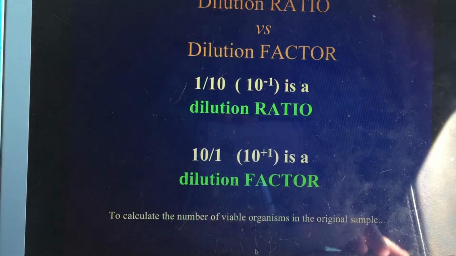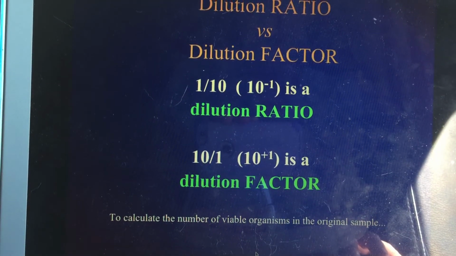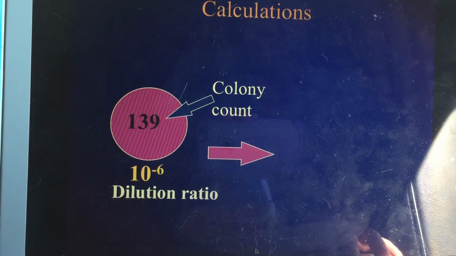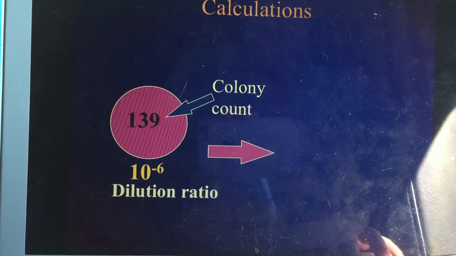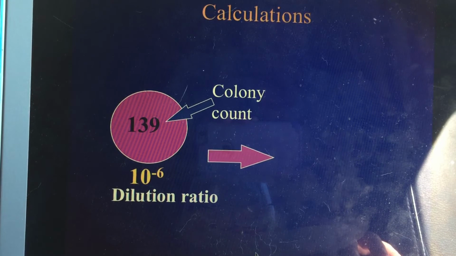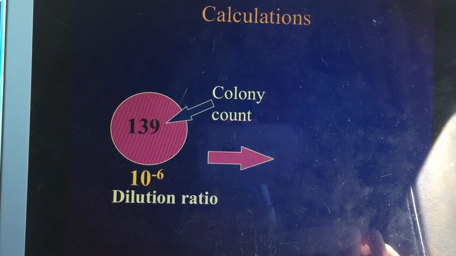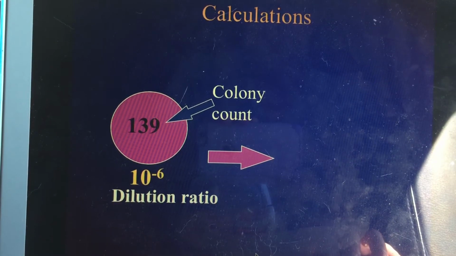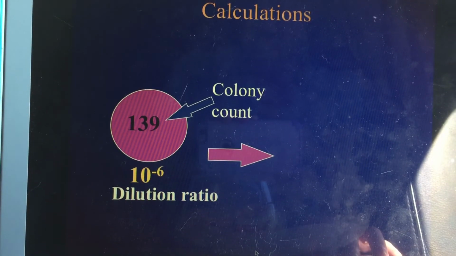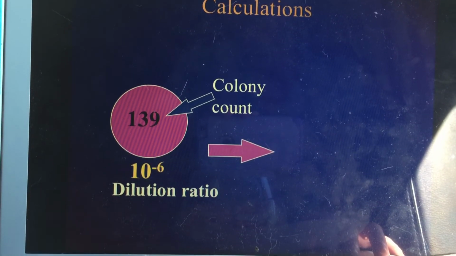Now these are used differently when we're working with raw data in our calculations. If we have performed an experiment and diluted our sample, making tubes where we did a 1 in 10 dilution 6 times over and over, and we had a bacterial count of 139, we now have to work backwards.